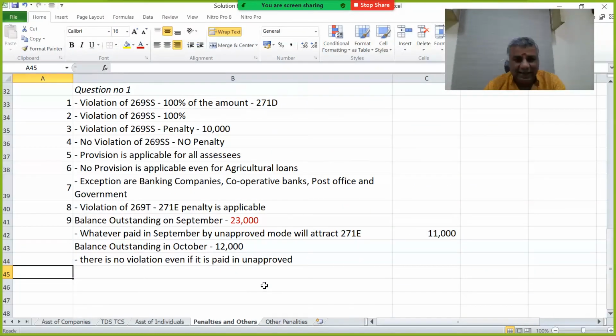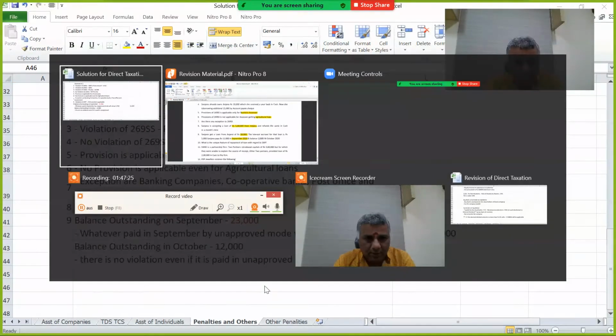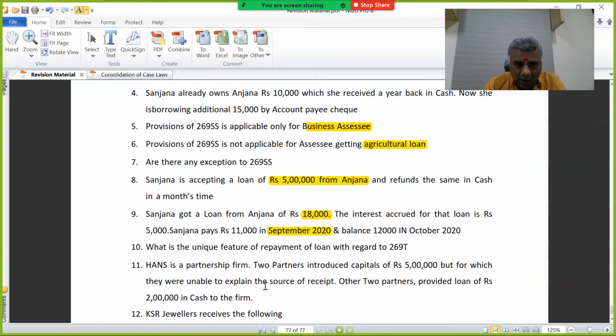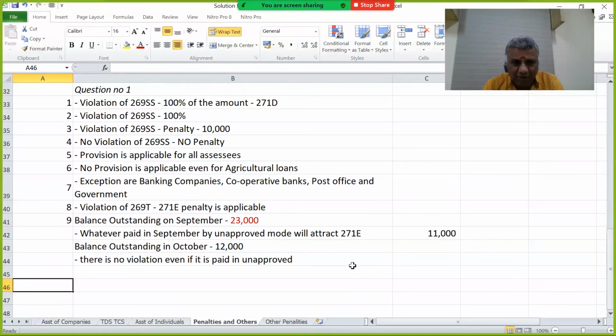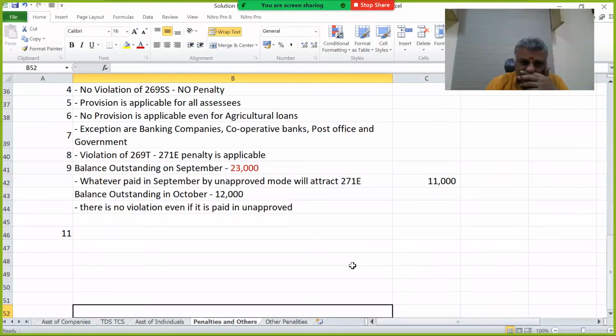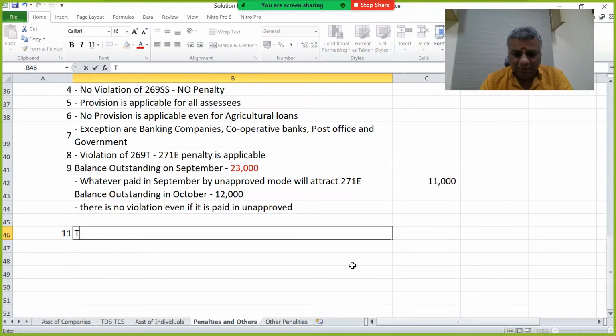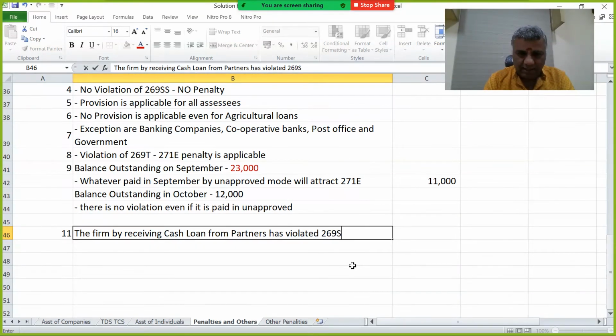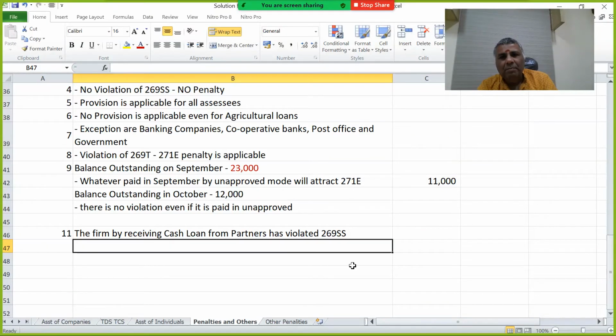The firm has violated. 10th question, we have already answered. 11th question, other partners: the firm, by receiving a cash loan from partners, has violated 269SS.